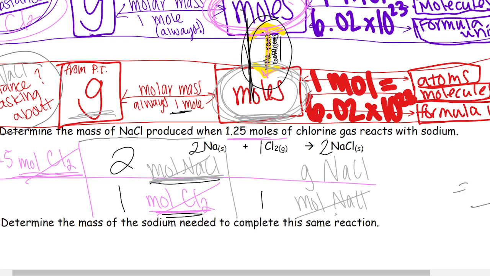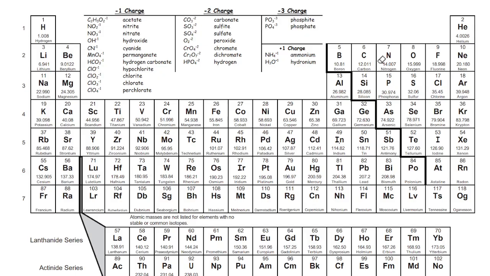So I would look that up here, where sodium is 22.990 and chlorine is 35.45. So I would add those two together. 22.990 plus 35.45. I'm going to use a calculator.